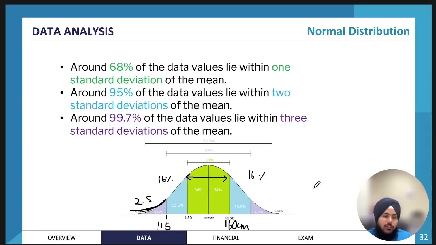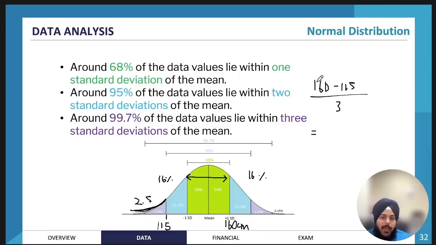So now there are two ways. You can either use the z-scores to do this question a little bit more easily, or alternatively, we can just work out what we need to add consistently to get to 160. So we have 1, 2, 3 intervals. Therefore, what we're essentially doing is taking the distance between 160 and 115 and dividing by 3. That way we will get what this interval represents.